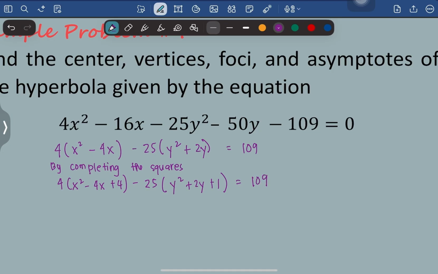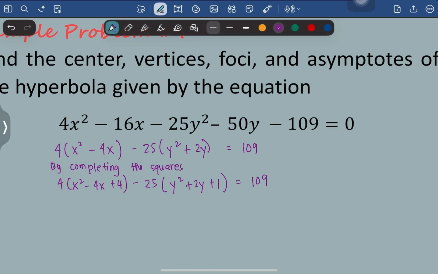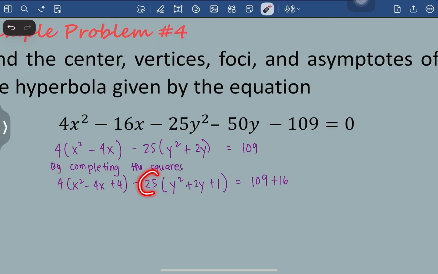Then, to balance the equation, you need to add kung ano yung in-add mo dito. So, i-add mo din dito. So, 4 times 4 is 16. Then, dito naman, so, negative 25 times 1 is negative 25.